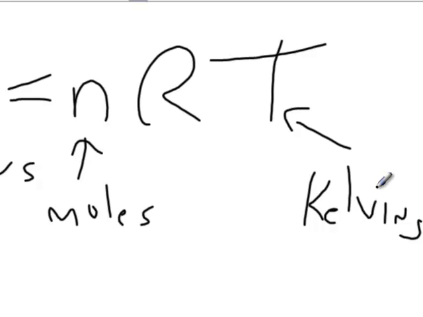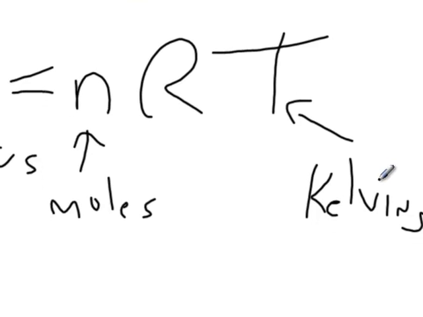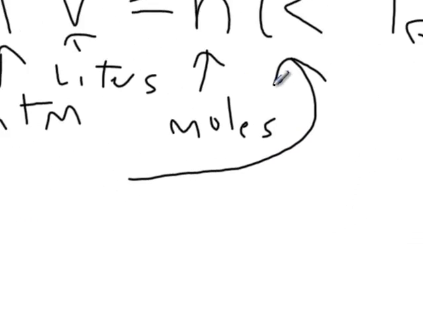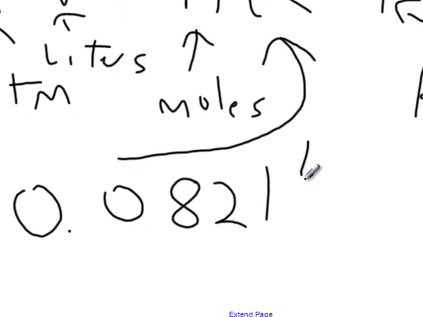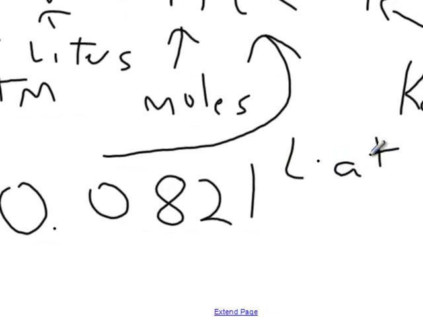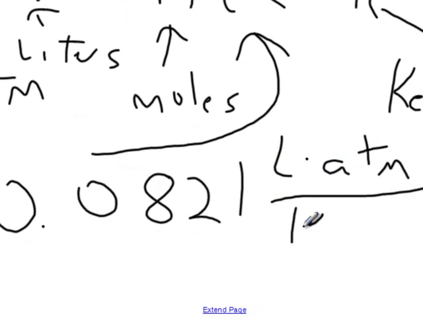Now R is a constant, the gas law constant. And the reason that I said all of these units for everything else is because the value of R depends on the unit. So the one we are going to use is 0.0821 liters times atmospheres over kelvins times moles.